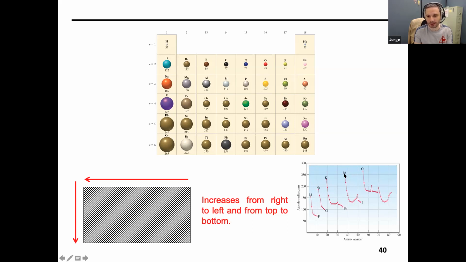So that's a periodic trend. And looking here from lithium all the way to cesium, you have an increase. So therefore, the general trend for the radius is that it increases from right to left and from top to bottom. Basically, all the other periodic trends that I will show you today are a function of the radius. So understanding the radius will be key to understanding the other two trends that I will show you today.